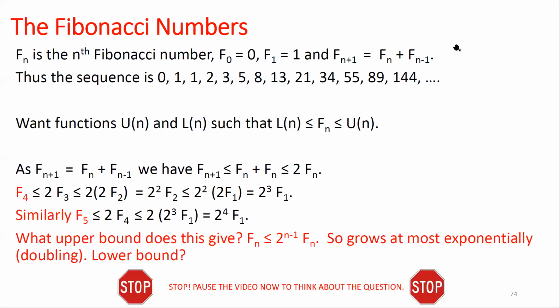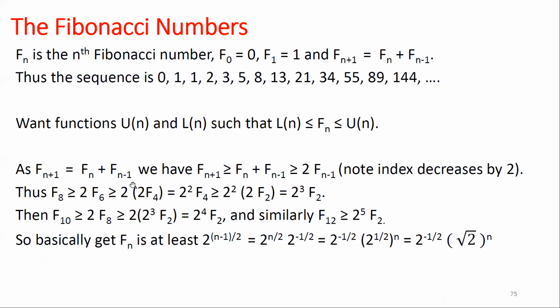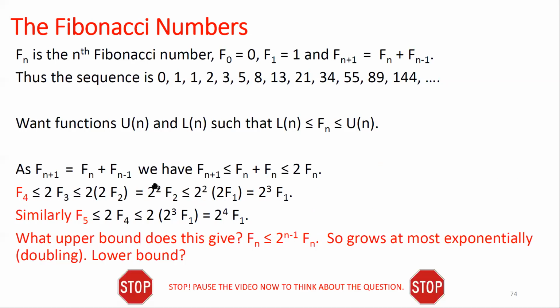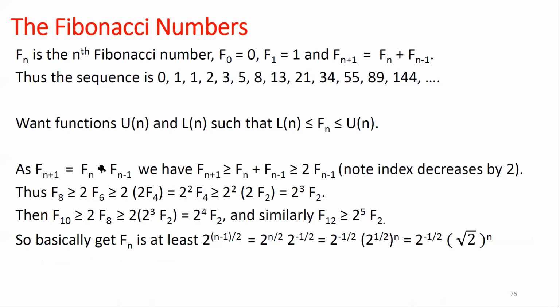If we try to do the lower bound, we could replace f_n with, what would give us a lower bound? f_(n-1). Yeah, so we replace f_n with f_(n-1), and that makes it smaller. So we get f_(n+1) is greater than or equal to twice f_(n-1). So now we see every time the index decreases by 2, it drops by at least a factor of 2.